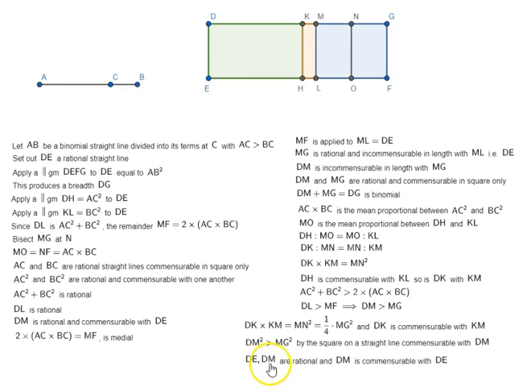We have shown that DM is rational and DM is commensurable with DE. And if you look at the definition of a first binomial straight line, you will notice that DG is a first binomial straight line. That is proposition number 60 of book 10 of Euclid's Elements.